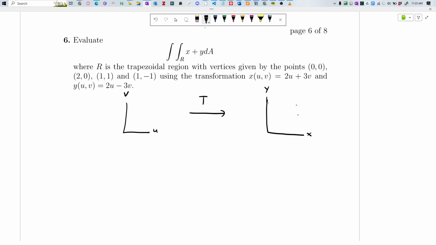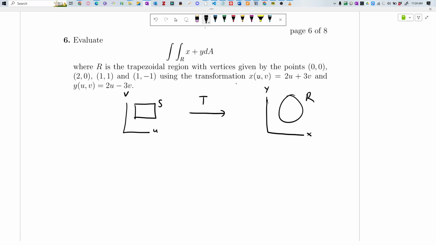R is some region over here. I'm just going to schematically draw it like this, and this should be some S. That's the picture you should have in mind about how these transformations work. Notice that the x and y given are behaving like T rather than T inverse. They're mapping from uv to xy.